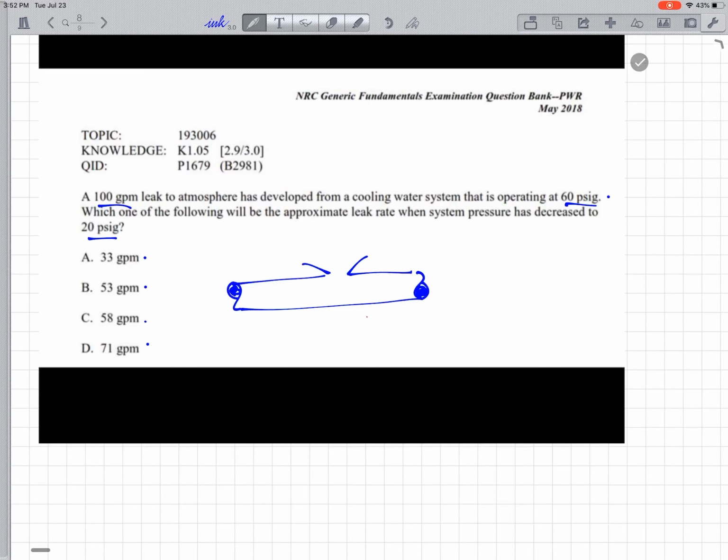Out of that hole is coming water, 100 gallons per minute. Inside of that pipe is 60 psig. And what they want to know, as soon as that pressure goes down to 20 psig, what is the leak rate?